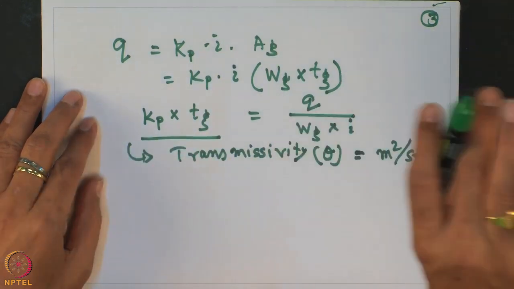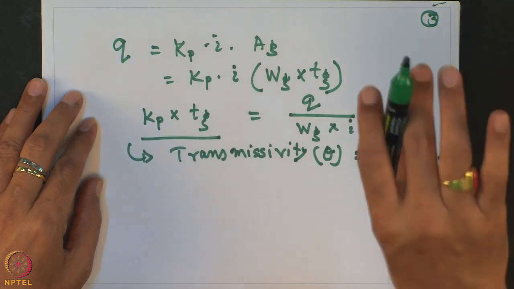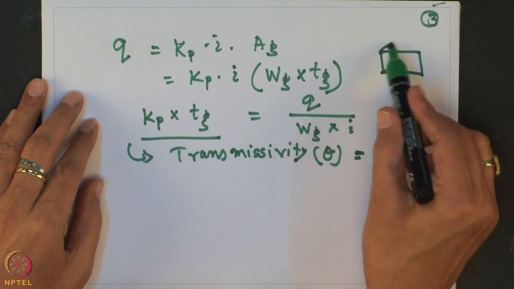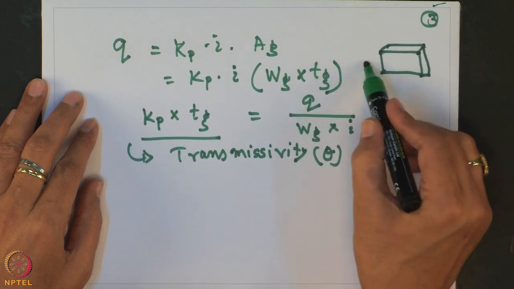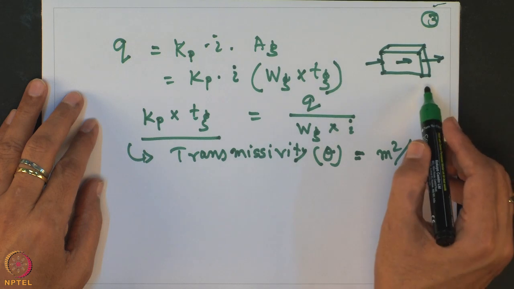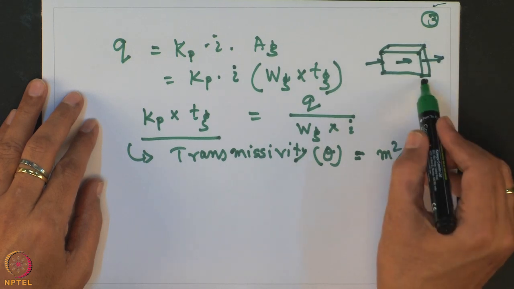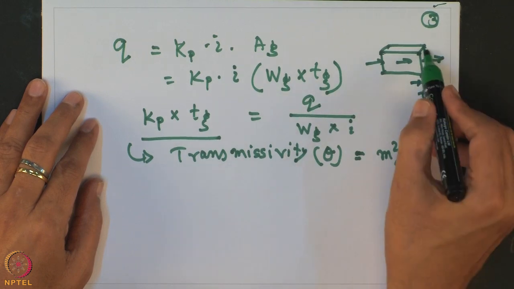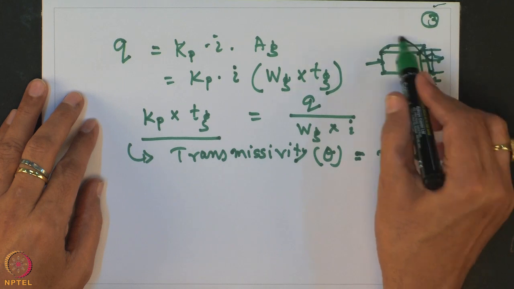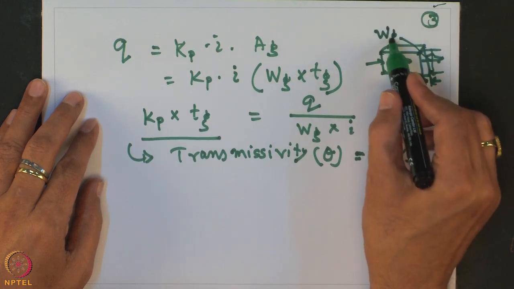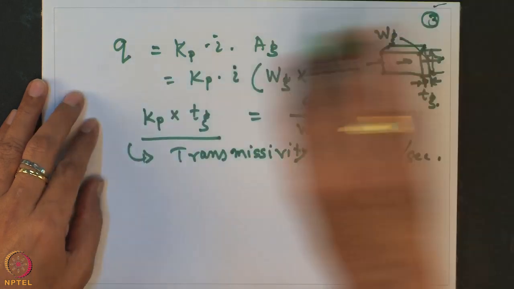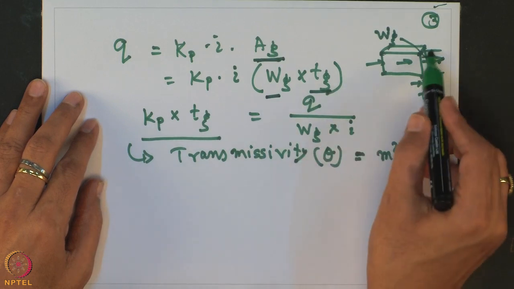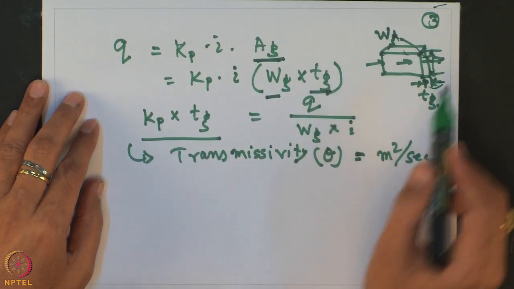Because water is flowing along the plane of the geosynthetic material, this geosynthetic material has a certain thickness, that is Tg, and this width is Wg, the width of the geosynthetic. That is why the area, since it is flowing along the plane, will be Wg into Tg.